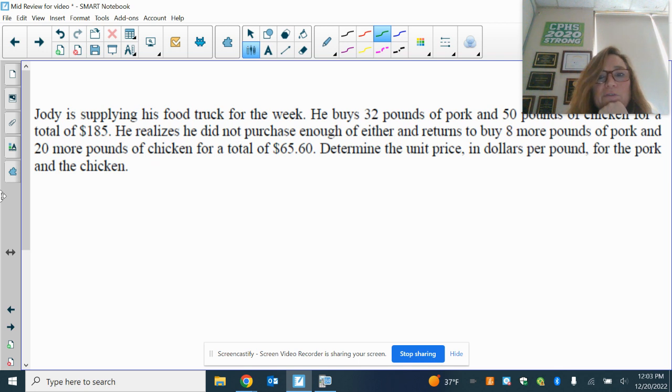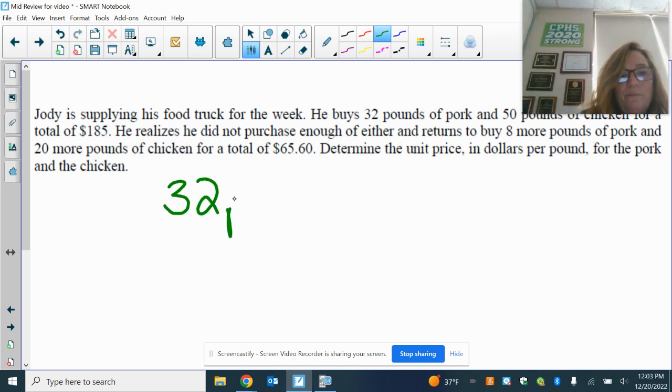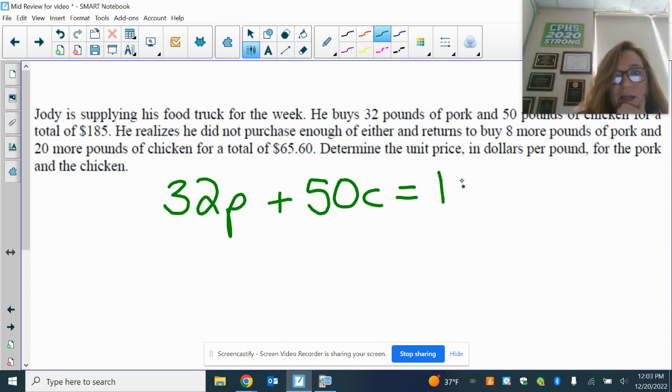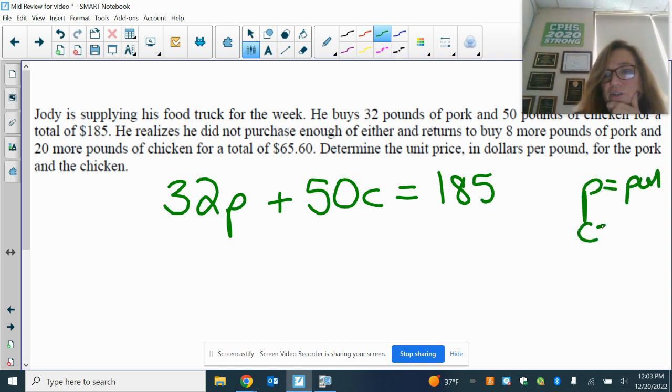Jody is supplying his food truck for the week. He buys 32 pounds of pork and 50 pounds of chicken for $185. I'm obviously using P for pork and C for chicken. Okay.